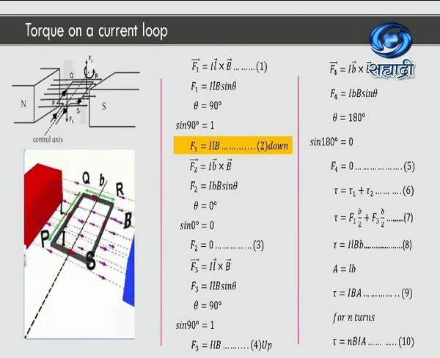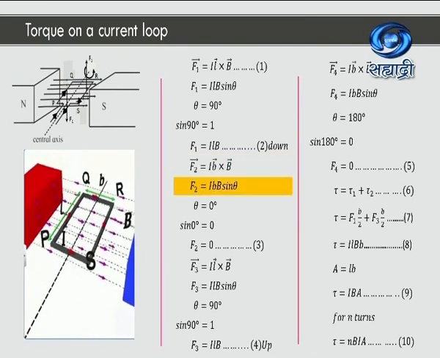Is this clear? As far as the other side is concerned, the breadth side QR, the force acting on QR, if I mention it as F2 vector, then F2 should be equal to I vector b cross vector B. Now small b vector is the length of QR. Therefore, I have written it as such.